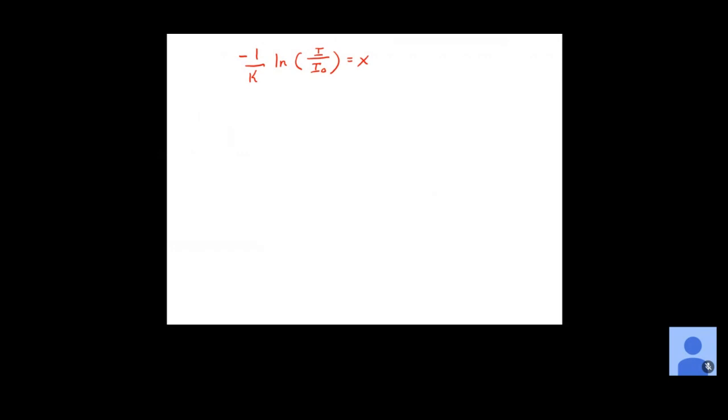What other operation could we do there that would also get rid of that k and the -1? Yeah, we're just multiplying, right? Because divided by a fraction, same thing as multiplying by the reciprocal. So I'm just going to multiply both sides here by -k, because that would be the reciprocal of -1/k. So that gives me natural log I over I sub 0 equals -kx.